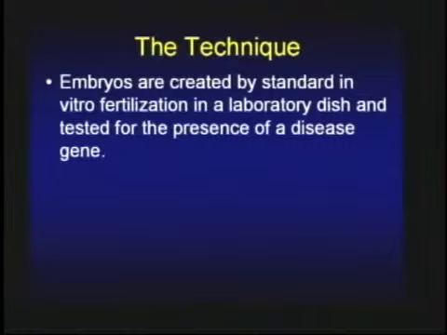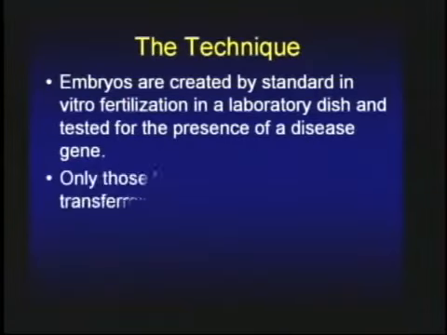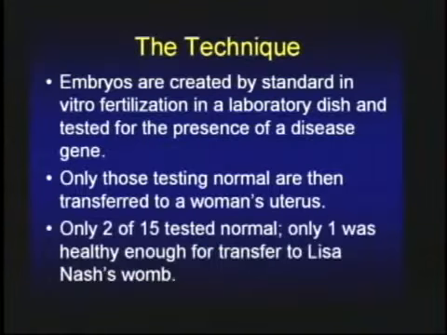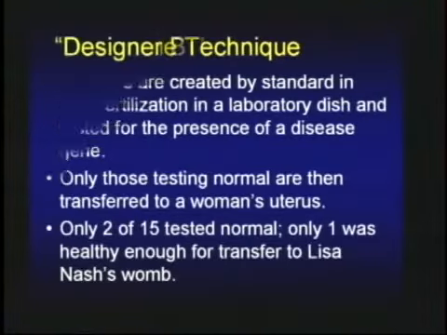So what did they do? They created embryos by standard in vitro fertilization in a laboratory dish, tested for the presence of the disease gene. Only those testing normal are then transferred to a woman's uterus. Only 2 of 15 tested were normal, and only 1 of those 2 was healthy enough for transfer to Lisa Nash's womb, which they did.